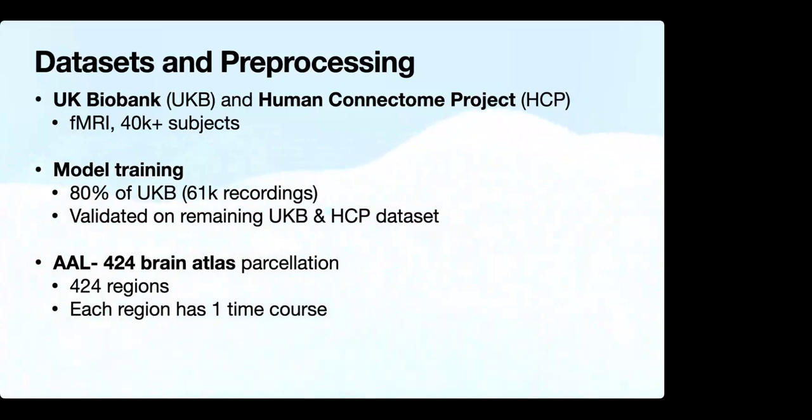And then the model was validated on the remaining UK Biobank and HCP dataset. And in terms of how the different regions were extracted, an atlas parcellation technique was used. So the AAL atlas was used to segment the brain into 424 regions, where each region has one time course.